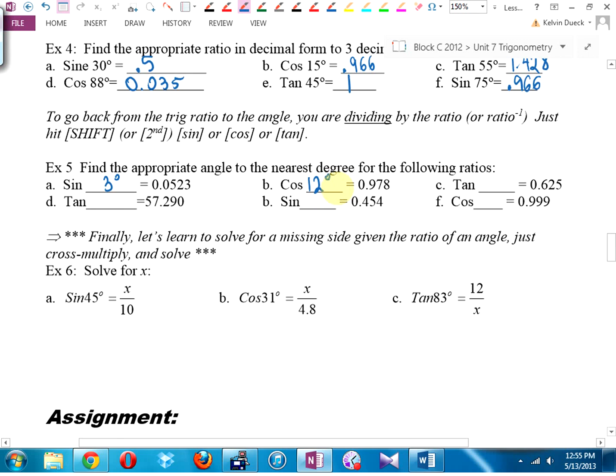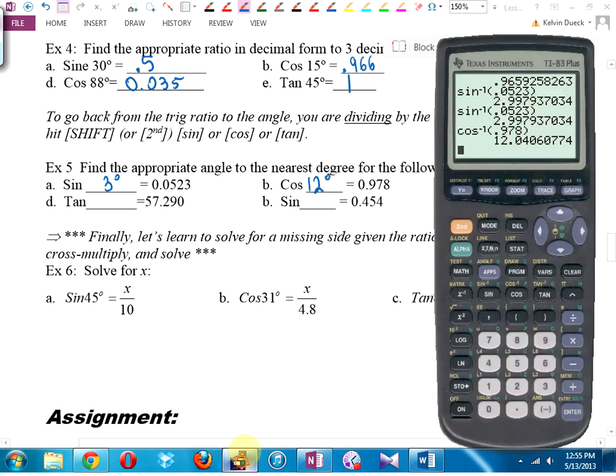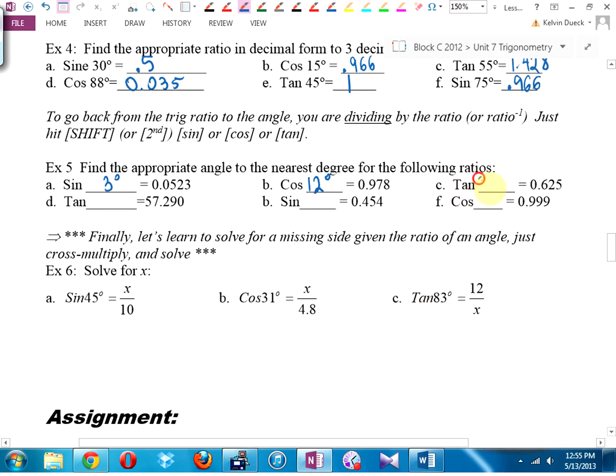Supposing I told you that the tangent was 0.625. What angle did that come from? 32. By the way, the symbol for degrees is a little tiny o up there.